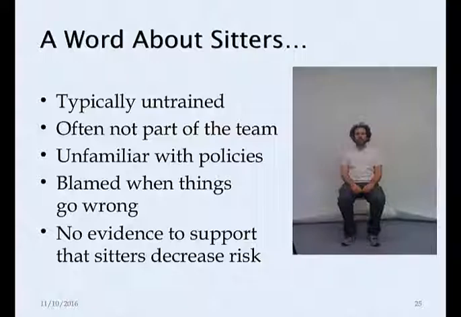So we need to understand that if we are using one-to-one sitters or patient safety companions, and I'm from the old school, so I call them sitters, that we need to assure that they have demonstrated competencies. And I actually have given you, I think, some sitter guidelines as part of the toolbox, and also have a sitter training module. So you can always email me, and I'll be happy to share any resources I have with you.